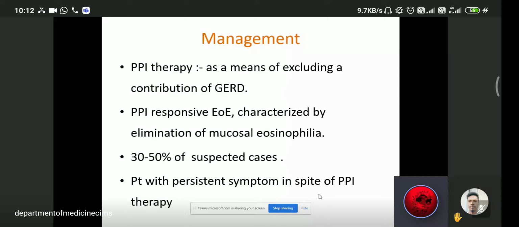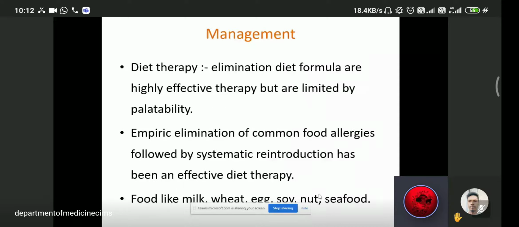A patient with persistent symptoms despite PPI therapy will need further treatment, like dietary therapy. Elimination diet formula is a highly effective therapy but limited by palatability; obviously, taste is a factor limiting diet therapy. Empirical elimination of common food allergens followed by systematic reintroduction has been an effective therapy.